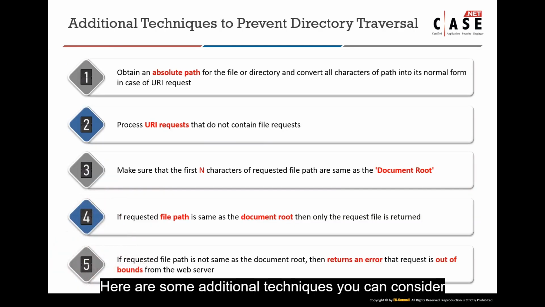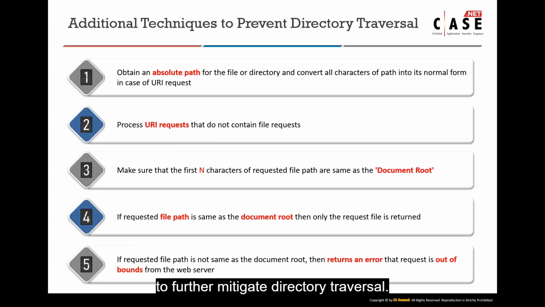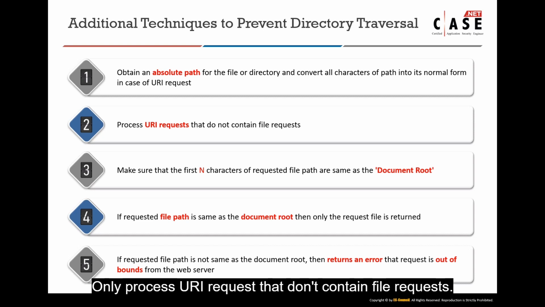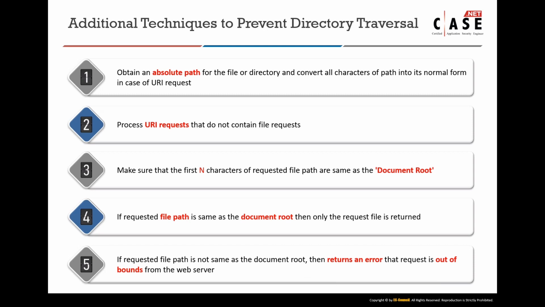Here are some additional techniques you can consider to further mitigate directory traversal. Get an absolute path for the file or directory and convert all characters into its normal form for any URI request. Only process URI requests that don't contain file requests. Now that might not be appropriate for all scenarios, but it's a possibility.